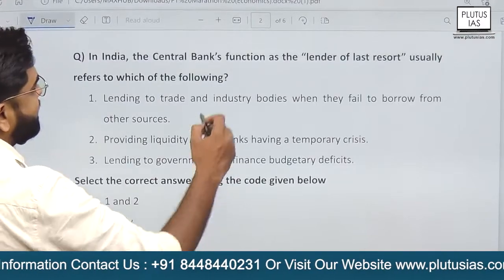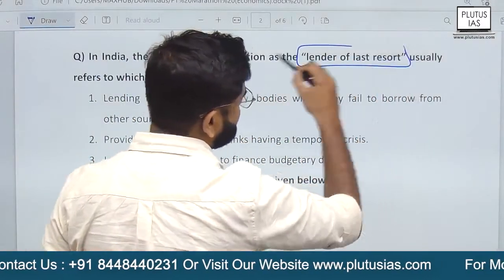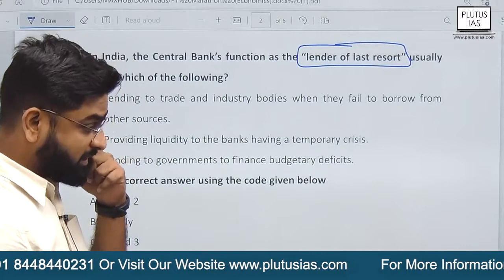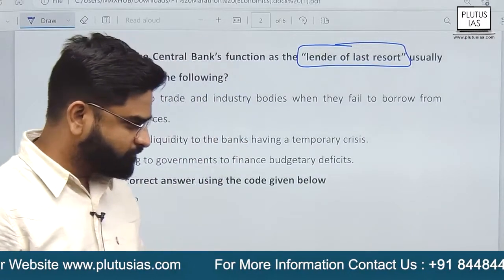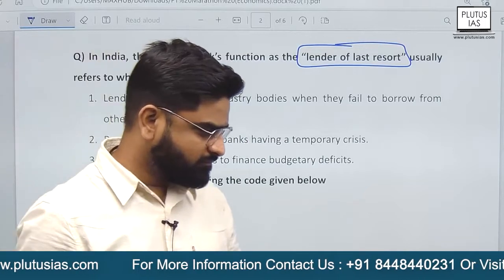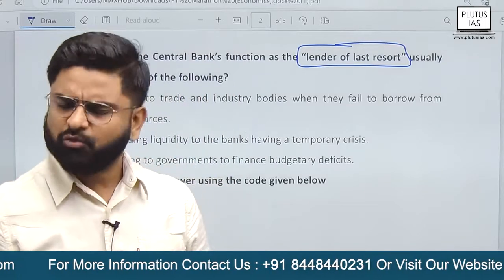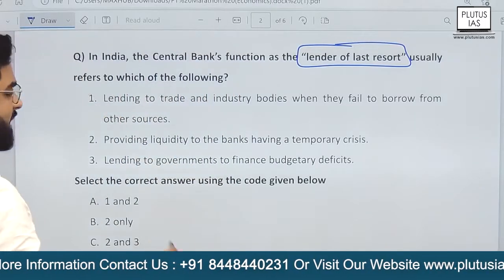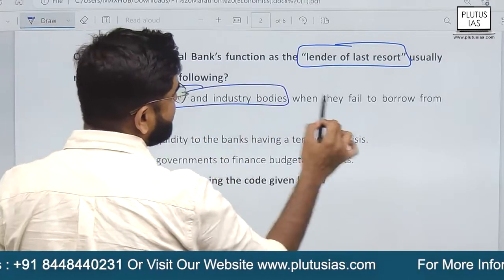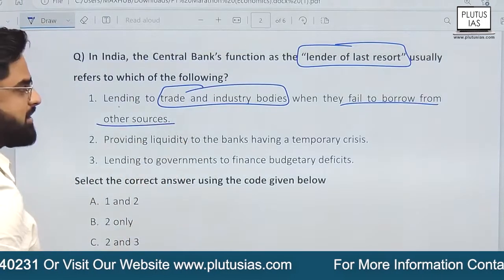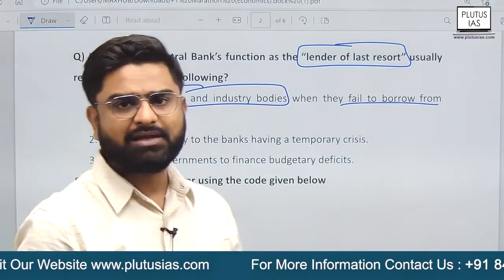In India, the central bank functions as a lender of the last resort. We know this already. Yes, the central bank does function as a lender of the last resort. So let's see what is there. Lending to trade and industry bodies when they fail to borrow from other sources. Usually, the central bank does not lend directly.